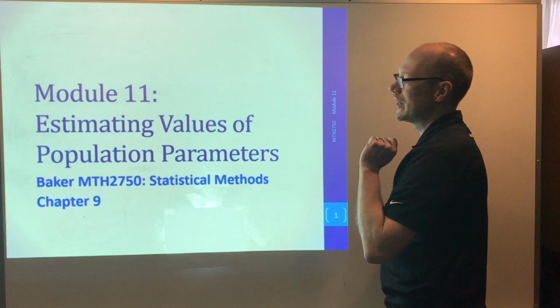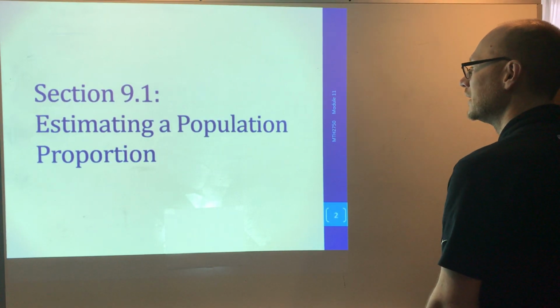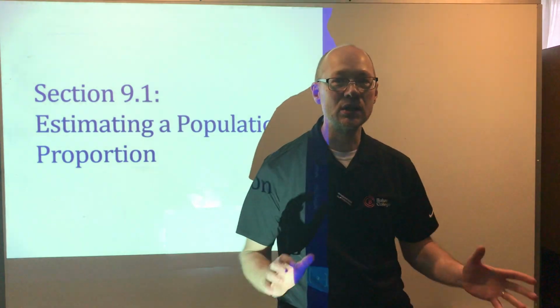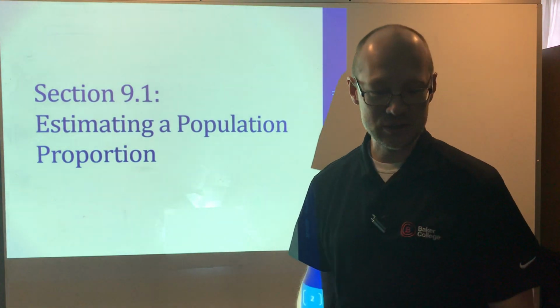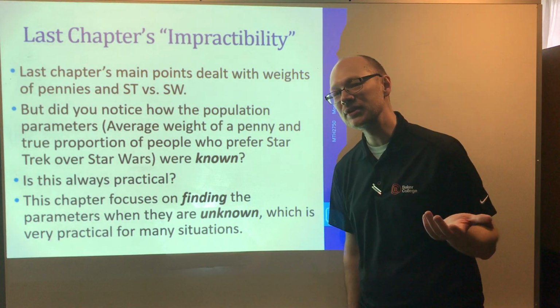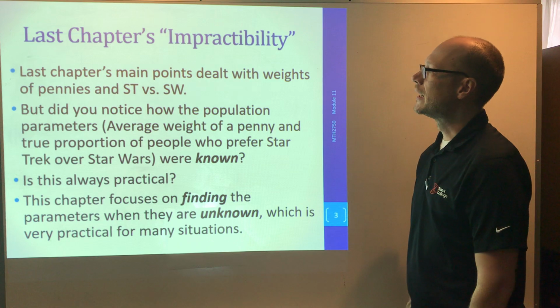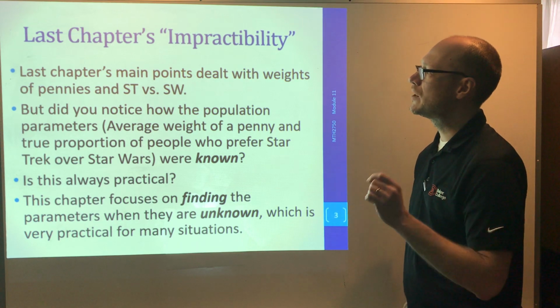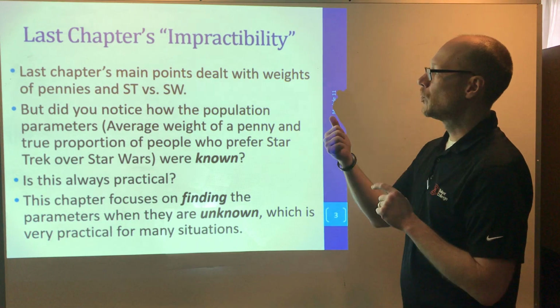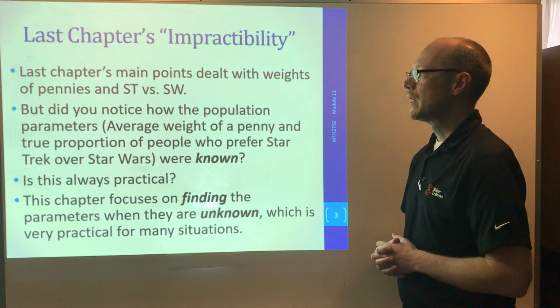Module 11, and specifically Chapter 9, is all about estimating population parameters. It's a pretty interesting thing if you consider last chapter's perhaps impracticability. It had its own practicability, but it was dealing with weights of pennies, Star Trek versus Star Wars.